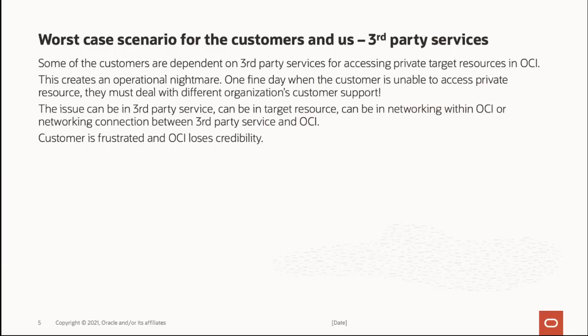Because at that point of time, the issue can be in the third-party service, it can be in the target resource, it can be networking between OCI and the third-party service, or it can be something wrong with OCI itself, right? So in such an operational issue, the customer is totally frustrated. And of course, at the end of the day, because the resources are within OCI and ultimately the customer was just trying to access those resources, OCI ultimately loses credibility.